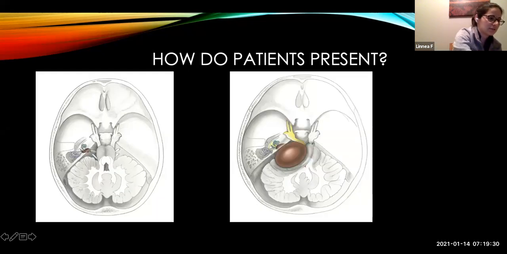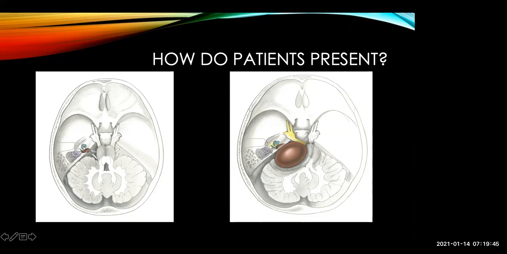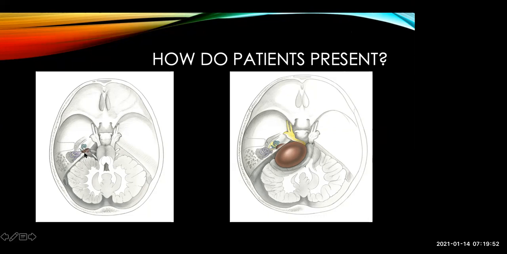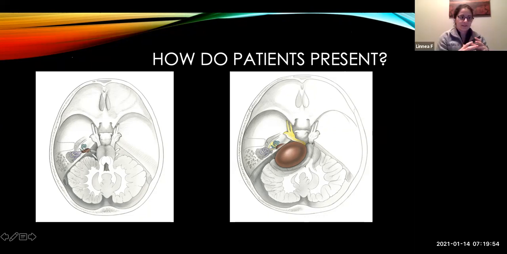So how do patients present? What do you guys think? How would the smaller one on the left present? Hearing loss. Wonderful. If the tumor is primarily in the IAC and on the vestibular nerve, it can grow up and start compressing more of the cochlear nerve, and you can start with tinnitus.